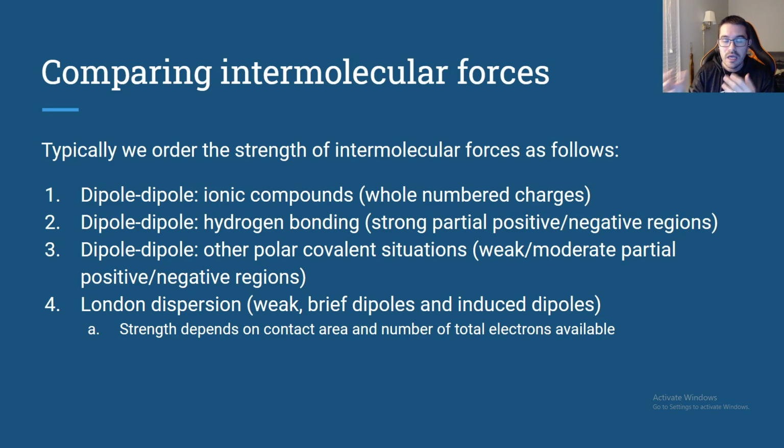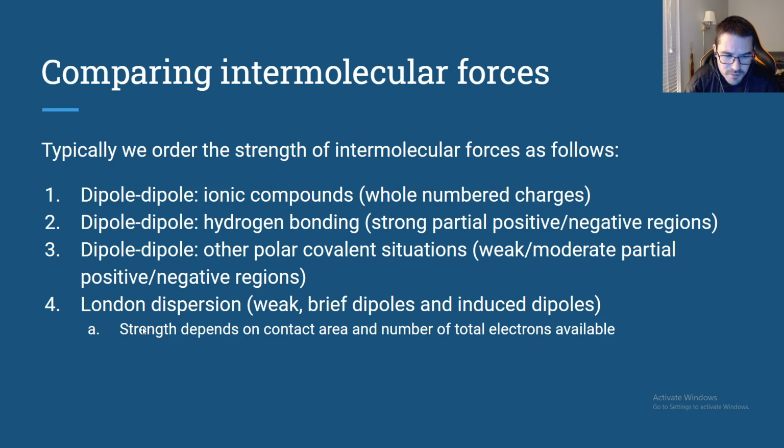And so if you have a compound or a molecule that has a carbon-oxygen bond, those are going to be polarized regions. And so the interactions between one molecule of formaldehyde, for example, which has a carbon-oxygen double bond, and another, there is going to be some interaction there. It's just not going to be as strong as a hydrogen bonding situation.